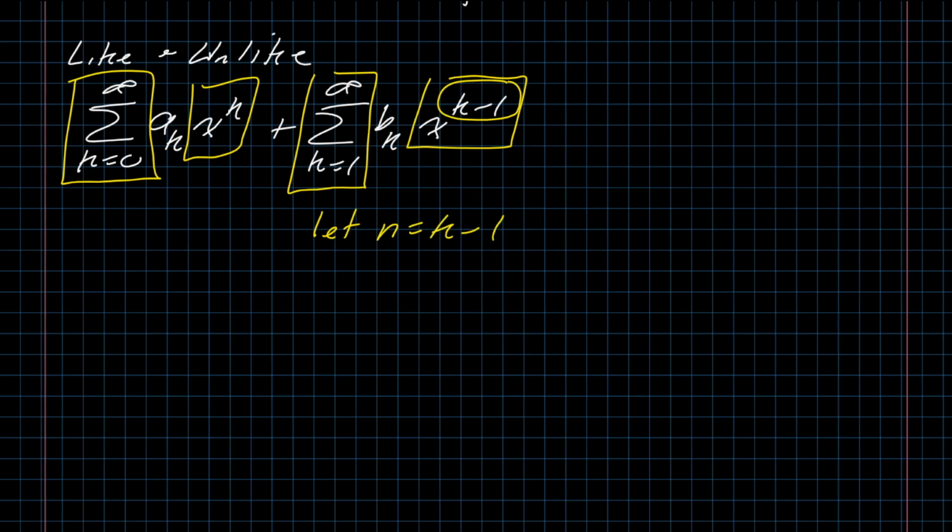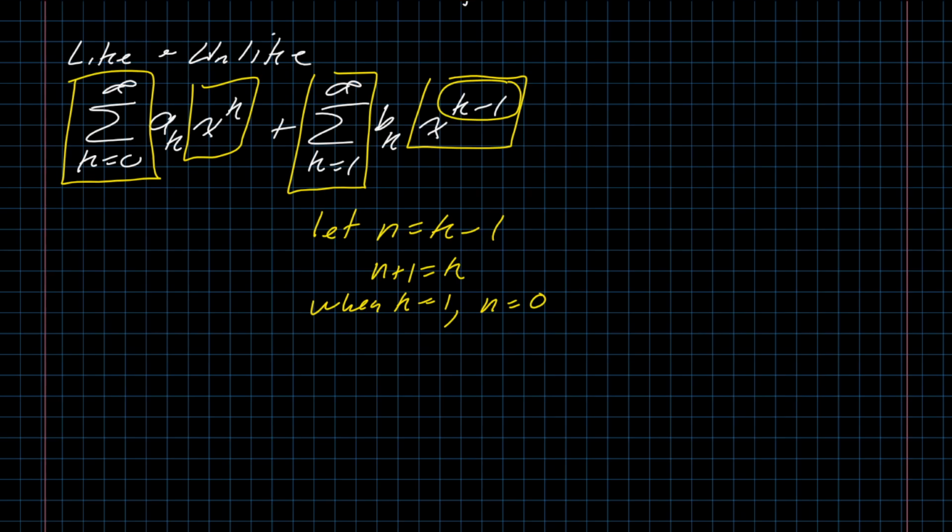So I might decide to let n equal k minus 1. Rearranging this, that means that n plus 1 is equal to k, and when k equals 1, n equals 0. That will allow me to change my k's everywhere they show up. It basically is a u-substitution.